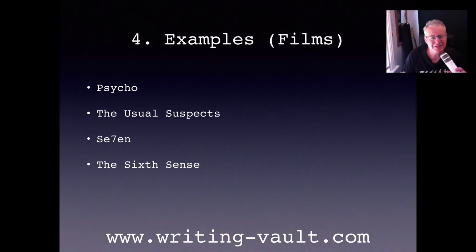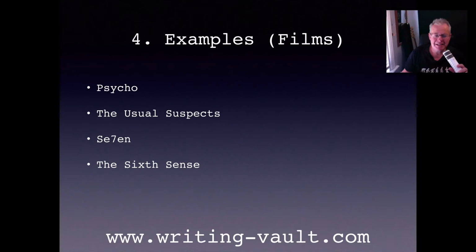The Sixth Sense. The Usual Suspects and The Sixth Sense are two great examples of revelation stories, because both of the twists that the stories turn on at the end make total sense when you get to them. But if you've not seen either of those films and you don't know what those twists are, they're brilliantly telegraphed and set up and delivered.